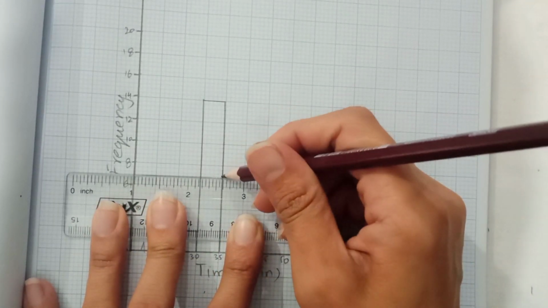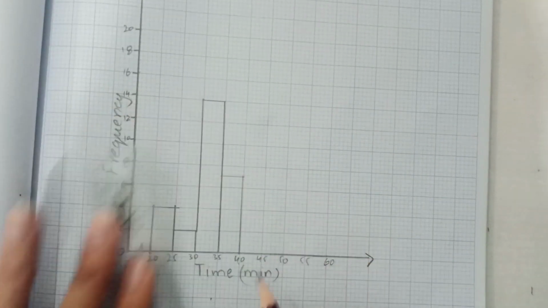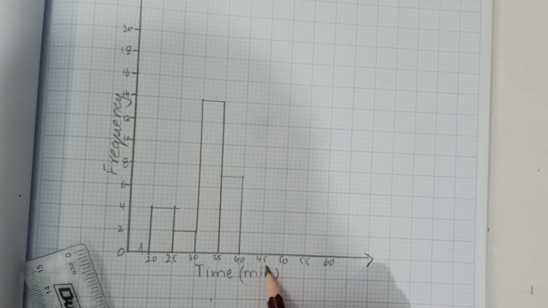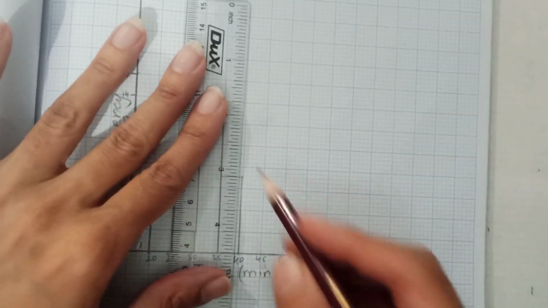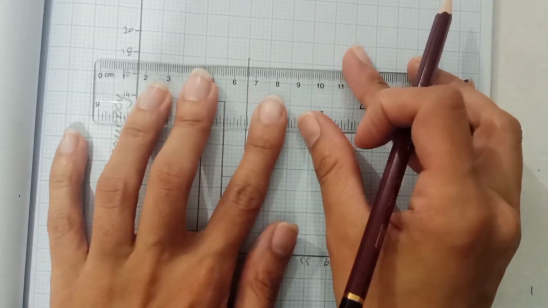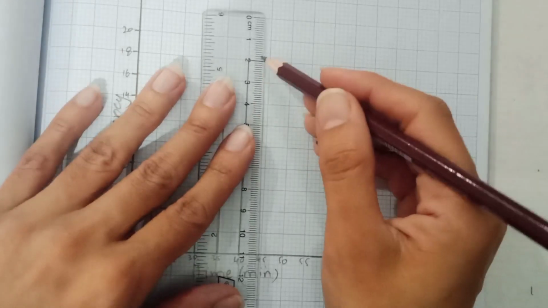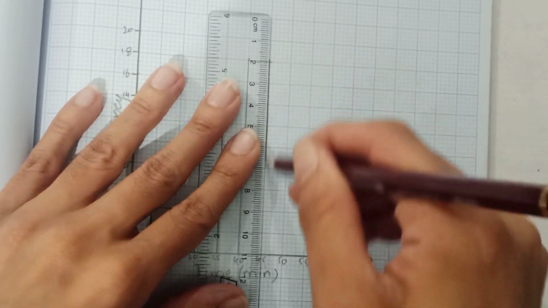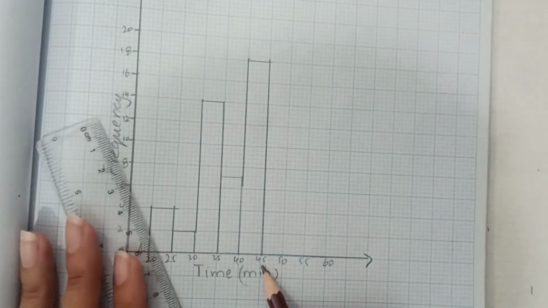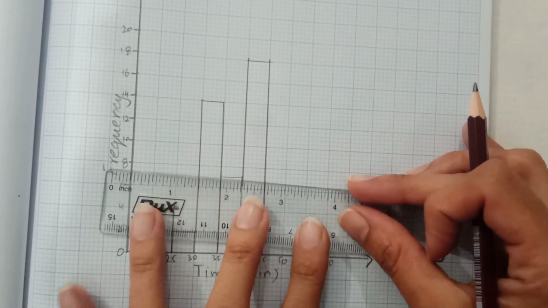In the middle of 6 and 8. From 40 to 45, the frequency is 18. From 45 to 50, the frequency is 7.